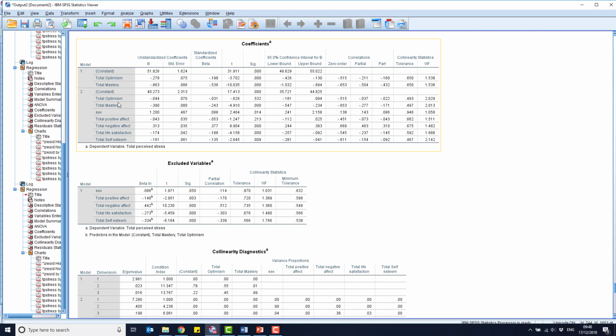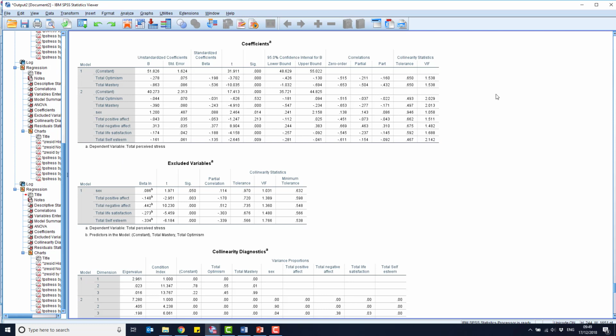So we know that it may be more parsimonious to look at mastery and some of these other variables rather than optimism, because optimism doesn't uniquely explain the relationship with perceived stress, but some of these other variables do.